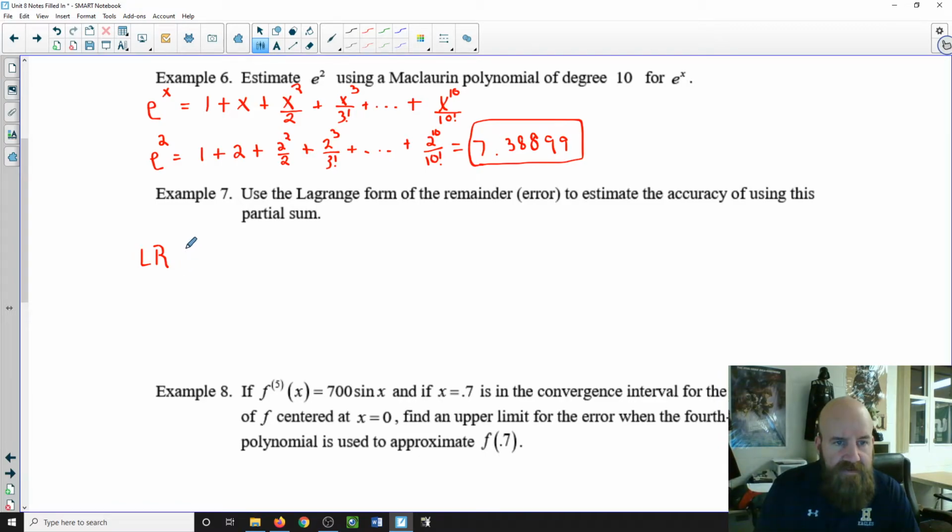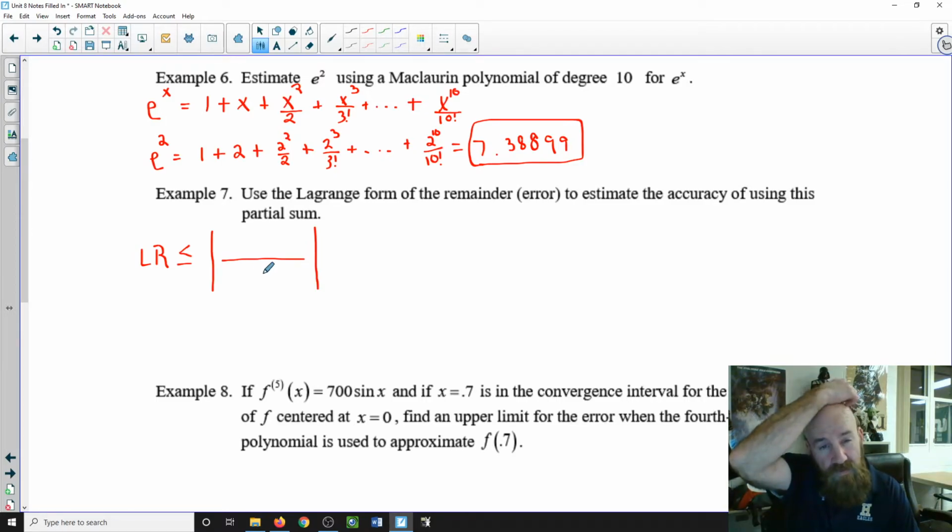So the remainder will be less than or equal to the absolute value of, well, we went to the 10th degree in example 6, so we're going to do the 11th degree for the Taylor.